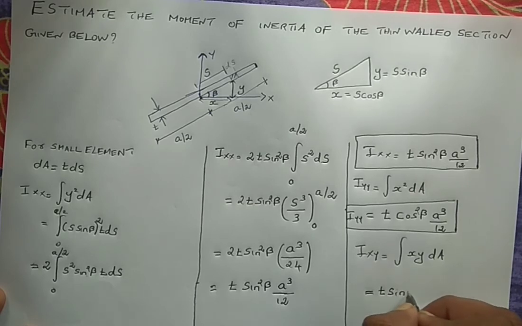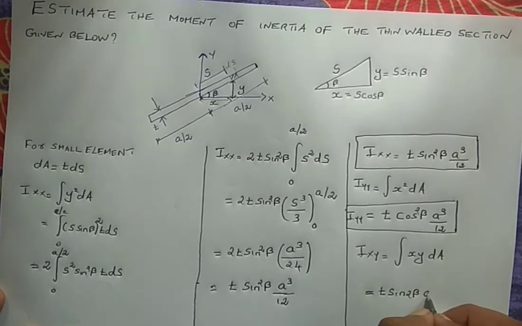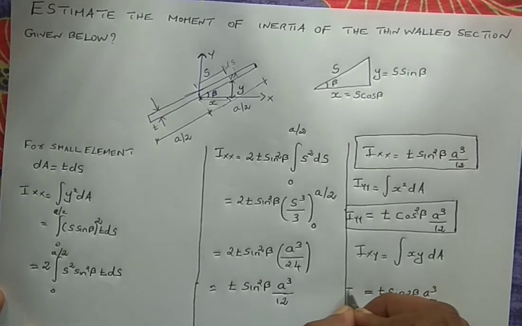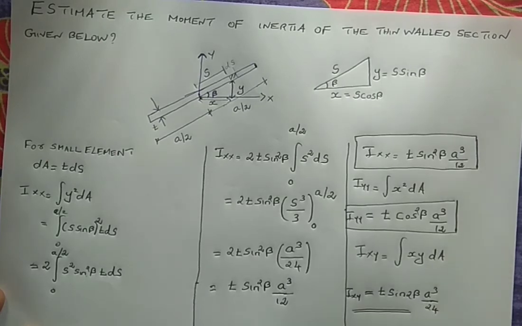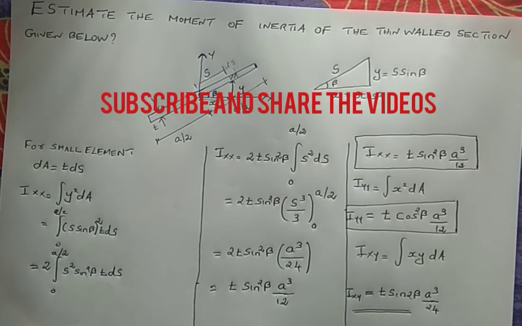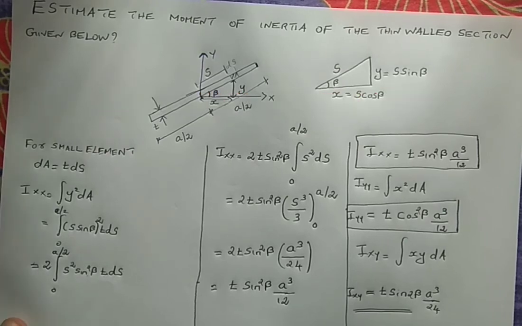So Ixy is T sin 2 beta into a cube divided by 24. I think you understood this problem. This is very simple.